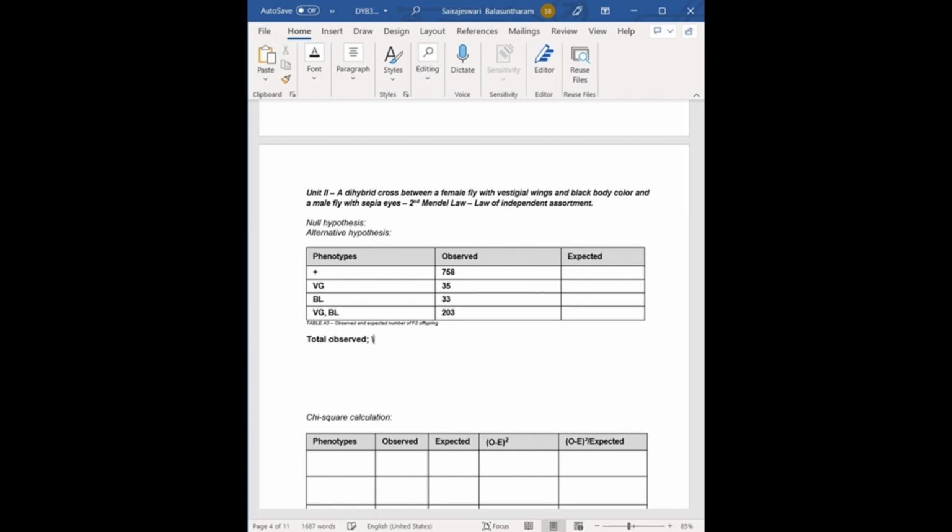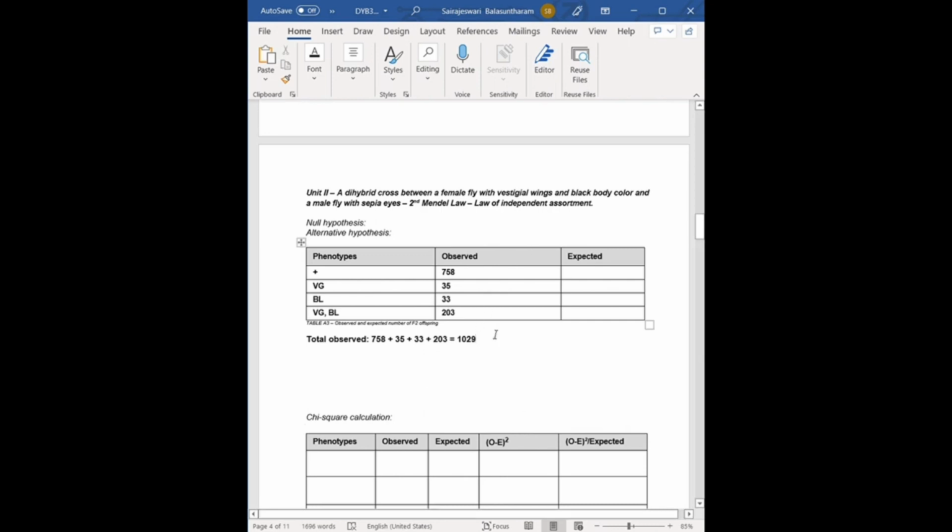So now we're going to calculate the total observed for phenotypes, and that will be 758 plus 35 plus 33 plus 203, and that will be equal to 1029.